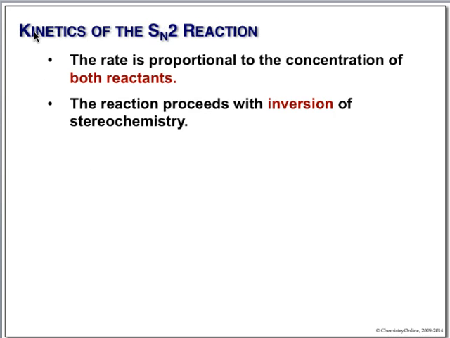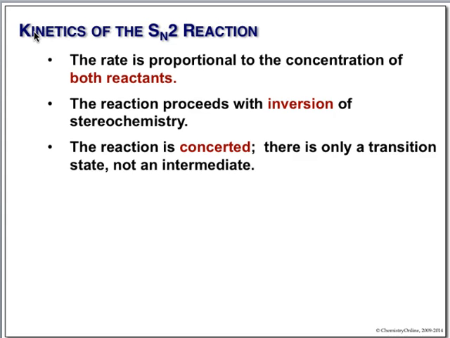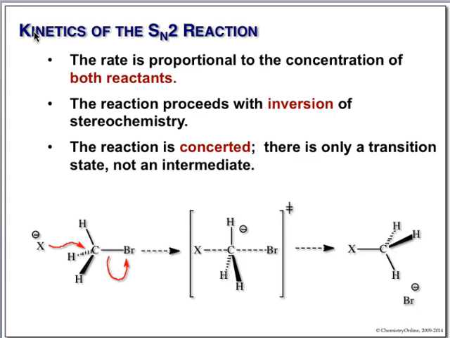So this is what we know about a simple SN2 reaction. In a simple SN2 reaction, the rate is proportional to the concentration of both reactants. That's because they're both present in the transition state. Reaction proceeds with inversion of stereochemistry. That's very important. We will, on this exam, have questions where you need to demonstrate the inversion of the stereochemistry.